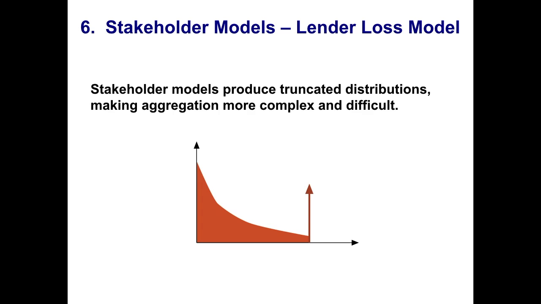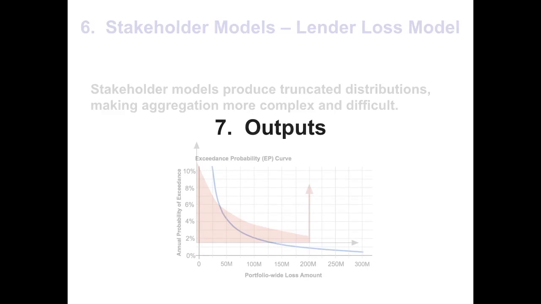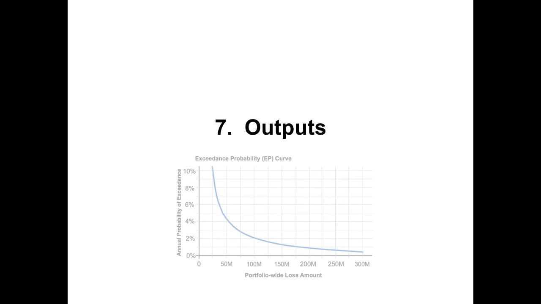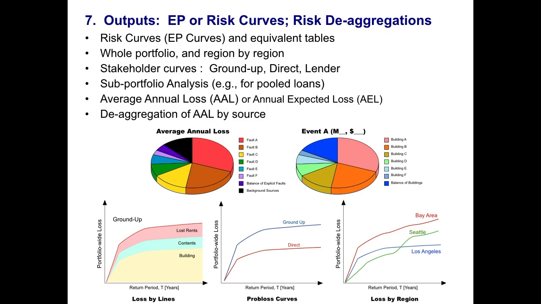So what are some of the outputs that we get from portfolio seismic risk assessment? Well, obviously we've been talking about the risk curves. So we get these risk curves. They may be loss versus return period or loss versus exceedance probability, and there are of course equivalent tables that would be a function of return period or a function of exceedance probability.